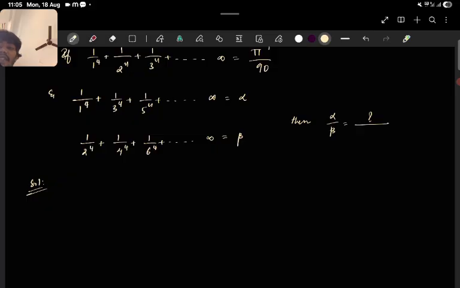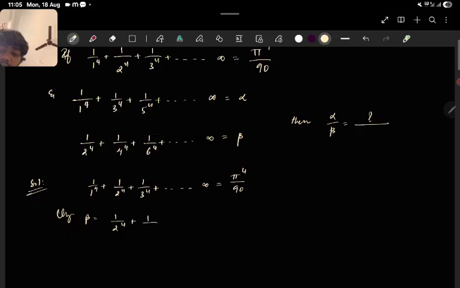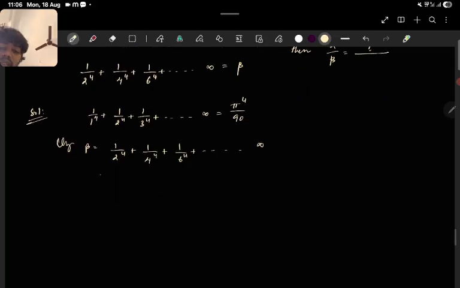So observe the series here. 1 upon 1 power 4 plus 1 upon 2 power 4 plus 1 upon 3 power 4 and so on up to infinity is pi power 4 by 90. Similarly, beta is equal to 1 upon 2 power 4 plus 1 upon 4 power 4 plus 1 upon 6 power 4 and so on up to infinity. If you observe, these are even numbers, in the sense 2n.